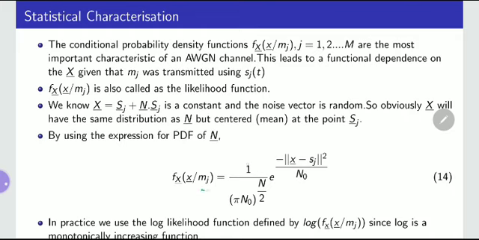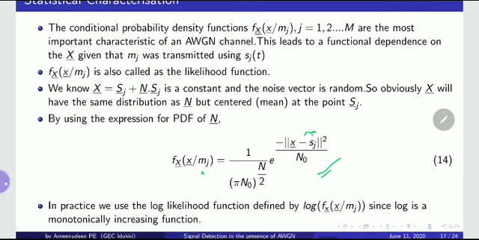If mj is sent, the mean of the received signal is Sj. So we have seen in that picture also. If I am sending mj, the received vector will have a Gaussian distribution, but the mean will be Sj. So this is the likelihood function. This is the probability that, given mj was sent, what is the probability of getting x? So it is a Gaussian PDF with mean Sj. Geometrically we have seen that in the previous slide.